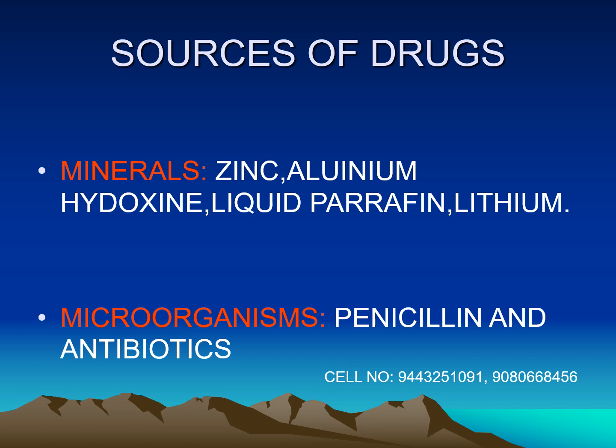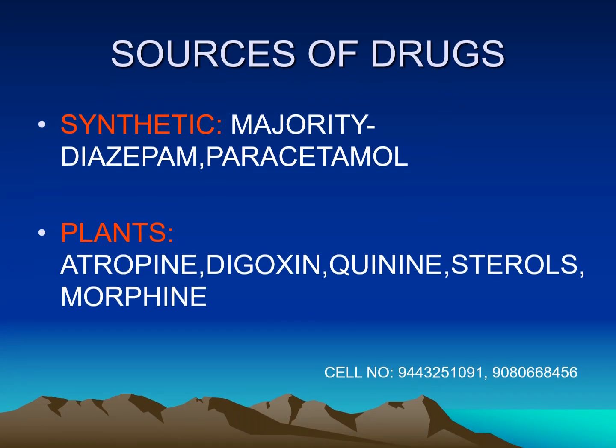We don't have many natural antibiotics because a lot of bacteria and fungi develop resistance to the antibiotic. So most of them are synthetic, modified antibiotics and antimicrobial agents. Just to recollect, microorganisms were one of the sources for drugs.